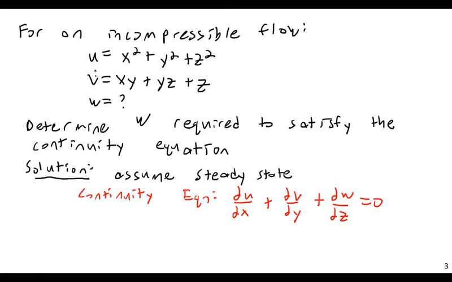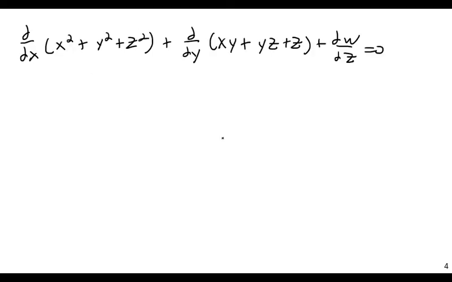So again, I'm taking the partial with respect to x of this thing, the partial with respect to y of this thing, and then we'll solve for this, and then we'll integrate with respect to z, and we'll be able to get the w function, at least in the general form.